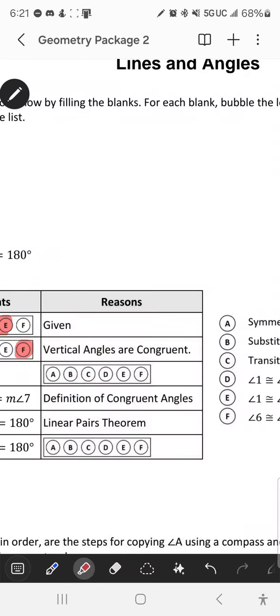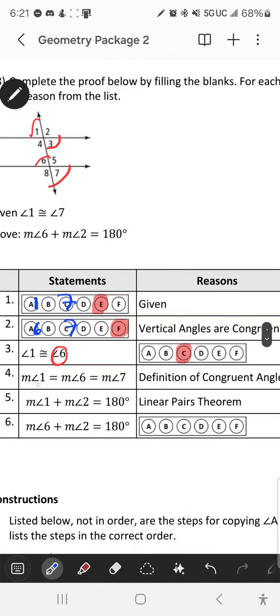So I come here, I mark C, and then I have, okay, measure of angle 1, measure of angle 6, and measure of angle 7. But this is also another insight that we must use 6 and 7 for 2, because we are using them here. So 1 equals 6 equals 7.